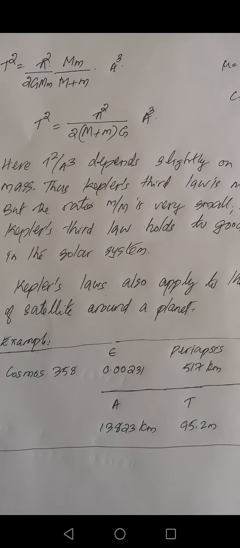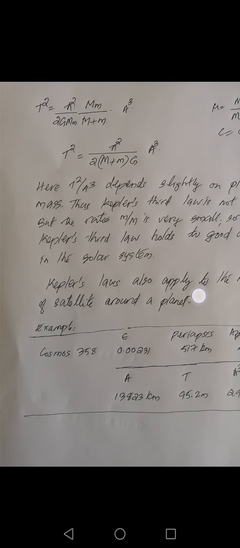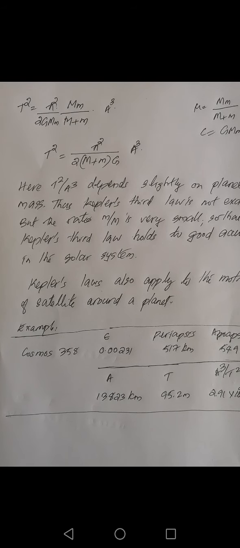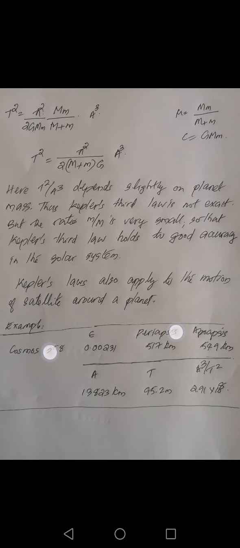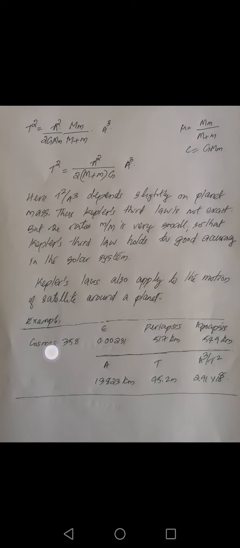Therefore, we can say Kepler's law is not exact. Okay, it depends slightly on mass, but if you calculate the ratio of mass, small m divided by capital M, it is very, very small. So Kepler's third law holds to good accuracy in the solar system. Therefore, T squared is proportional to some constant k into a cubed, which is the third law. But k is pi squared by 2 into (m plus M) into G, that is a constant.